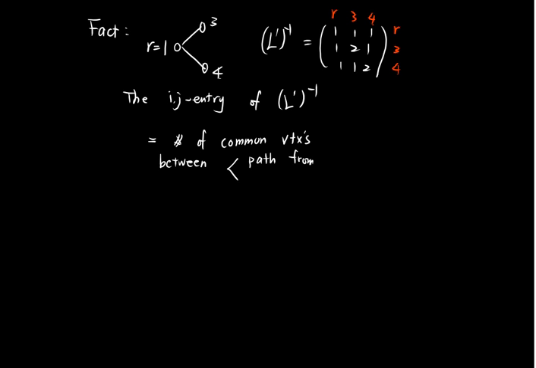The path from I to R and the path from J to R. What does that mean? Here is a more concrete example.